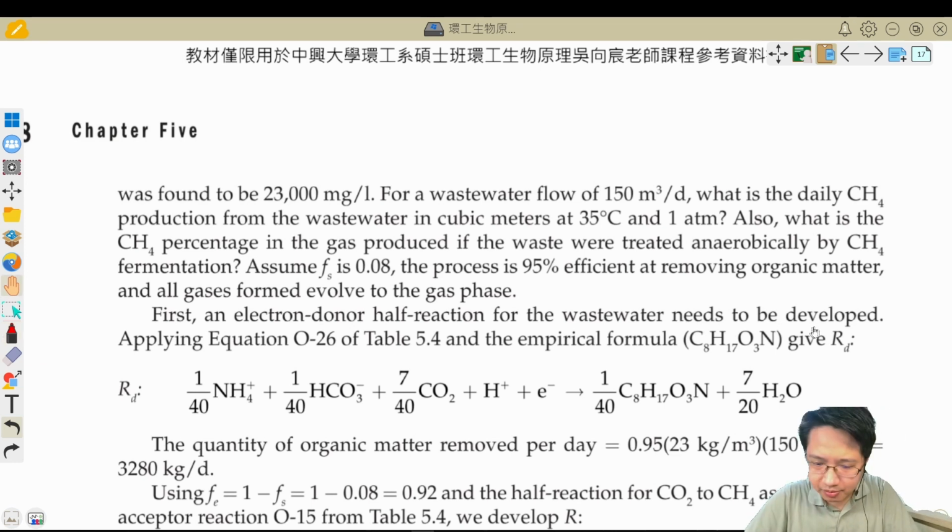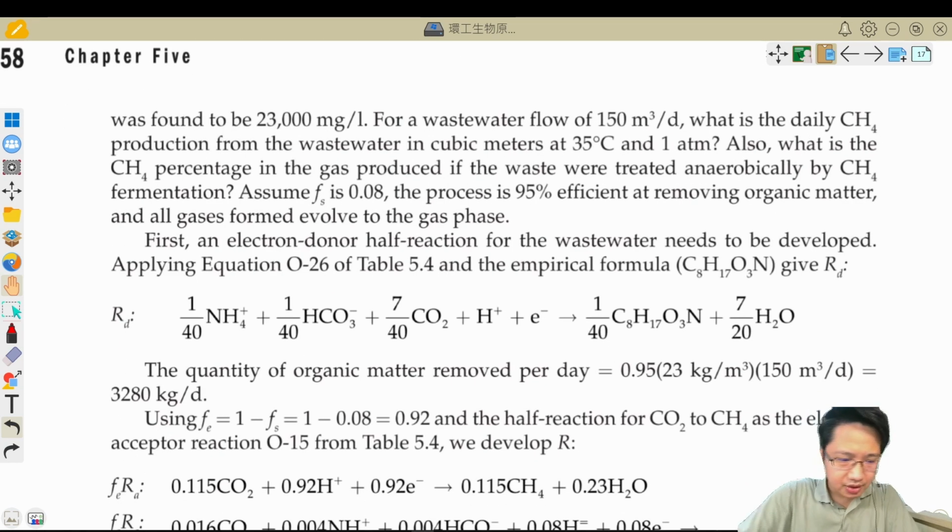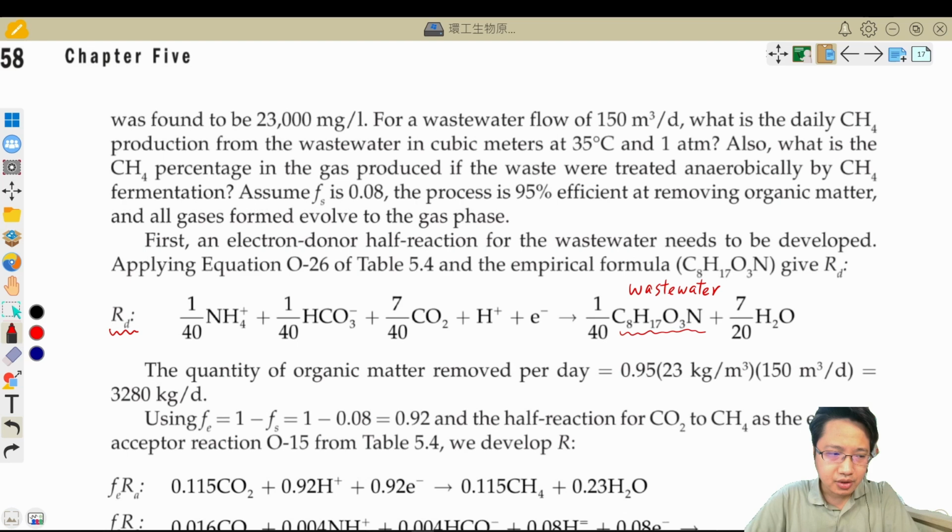first they combine the Rd, which is the electron donor, from the industrial wastewater. That's your source of the organics.